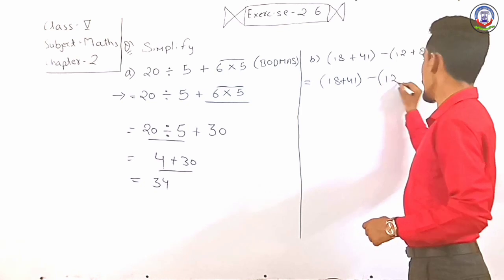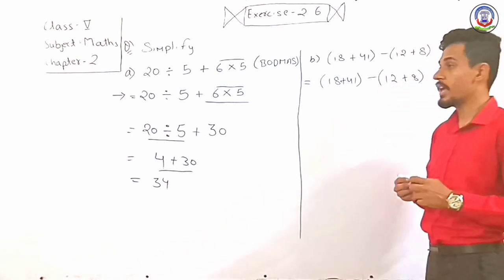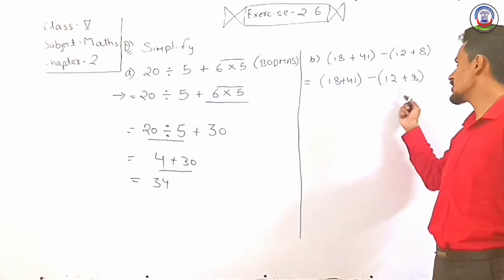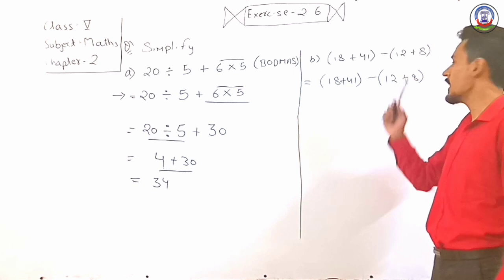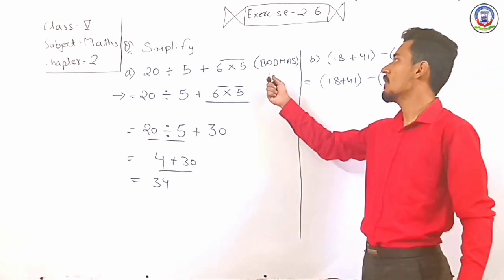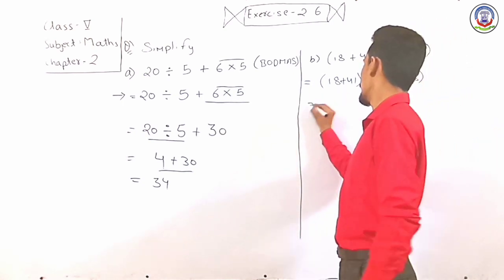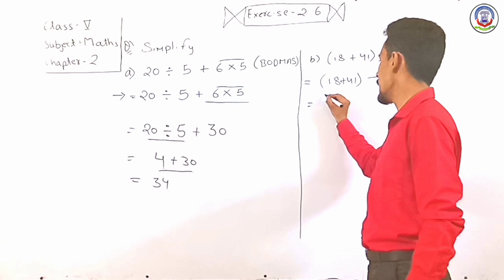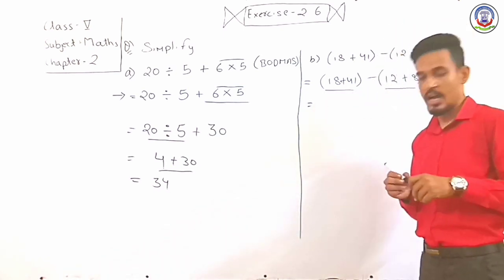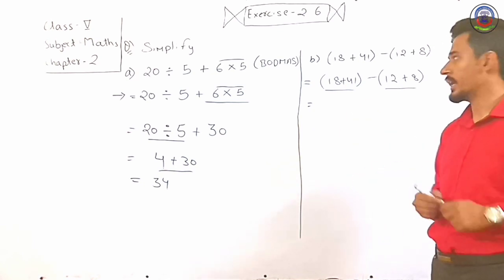In this we have brackets, addition, subtraction, and here also bracket and addition. But first we have to solve B for bracket. Both are small brackets, so we can solve them together.